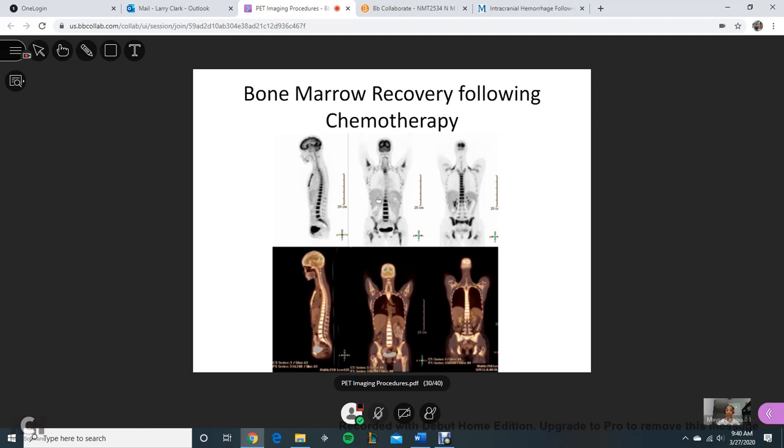Because the doctor's going to look at this and say, what is this? And obviously it's not a lesion, it's not metastasis because of the way that it looks. So they'll know that this is someone who just went through chemotherapy. Okay.